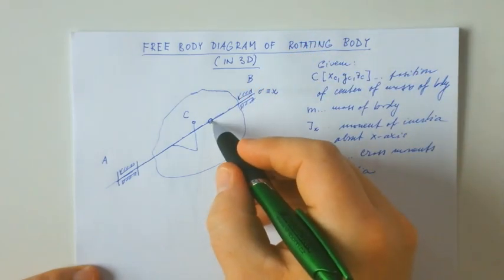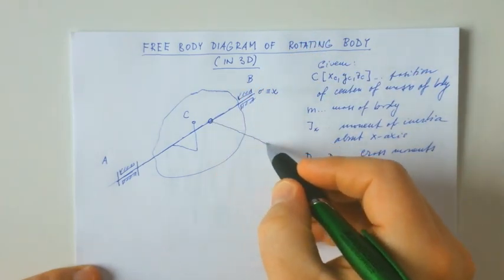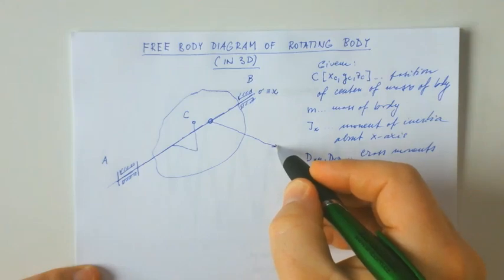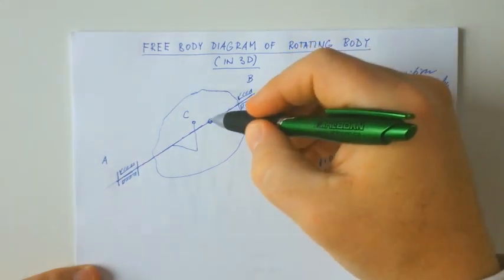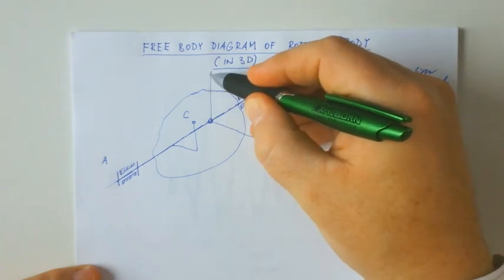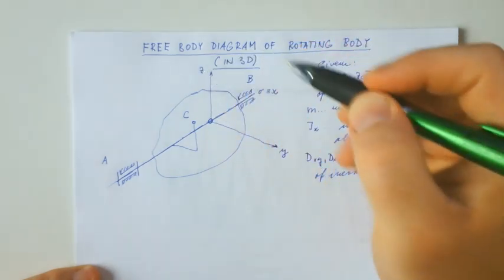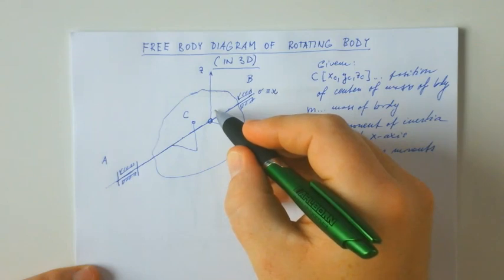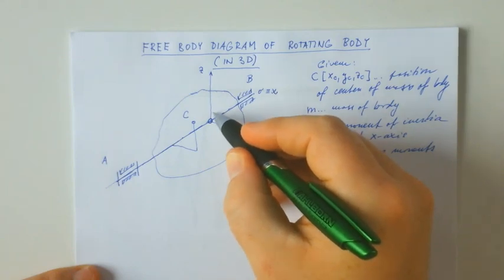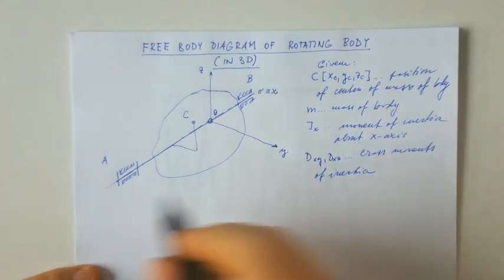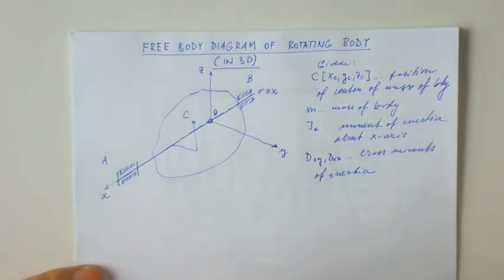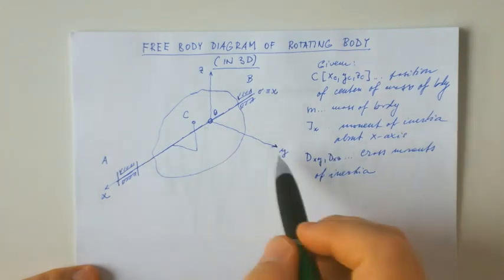This is the y-axis and this is the z-axis, and this is 0, or the origin. Okay, and this is the x-axis. So we have a coordinate system x, y, z.